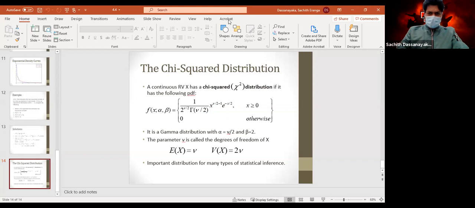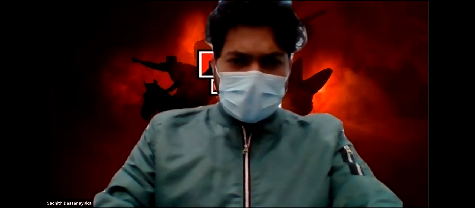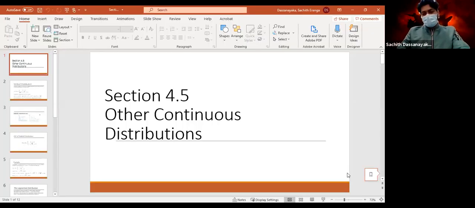If you don't have any question, I can move into the last section, okay, let me share it again, which is 4.5. In 4.5 we have distributions.